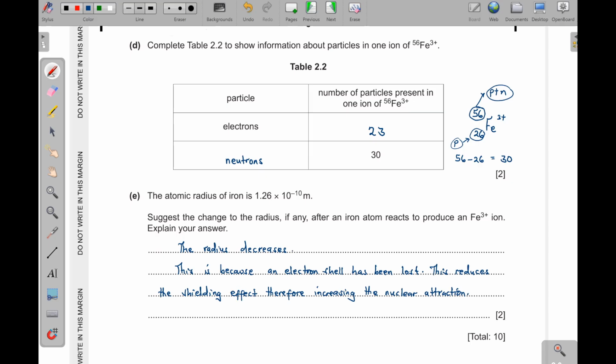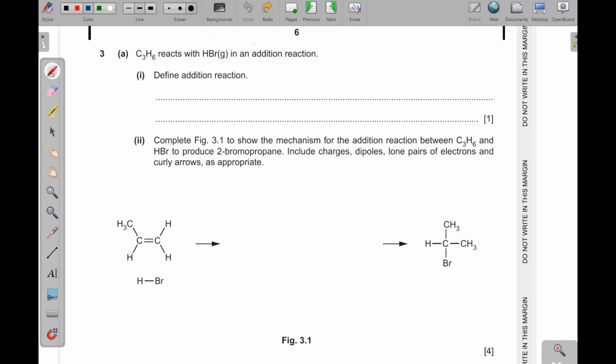So we are looking for the radius decreases, and these are 2 marks. Why? Electrons have been lost. Even if you stop here, it is okay. But it is always important to talk about the nuclear attraction, because it is the one that brings out that effect properly. Question 3, part A.